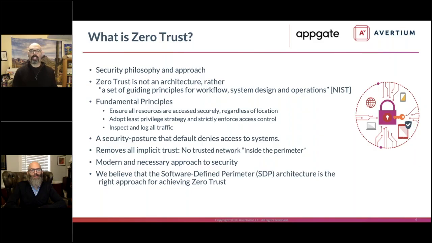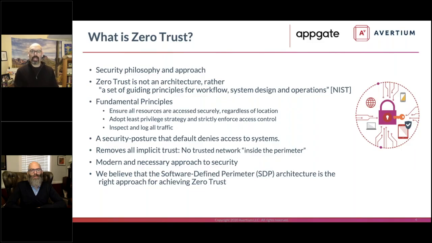And then finally, the last principle is about inspecting and logging all traffic appropriately to make sure that the organization has really good visibility into this. And taking those and then interpreting them, has some amazing implications for organizations where now you've got a much more secure network.